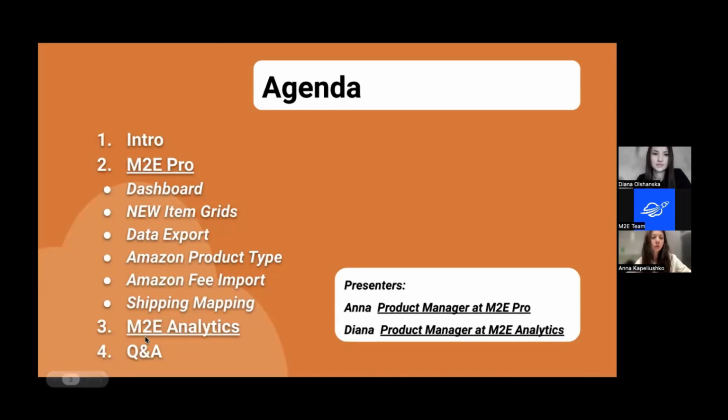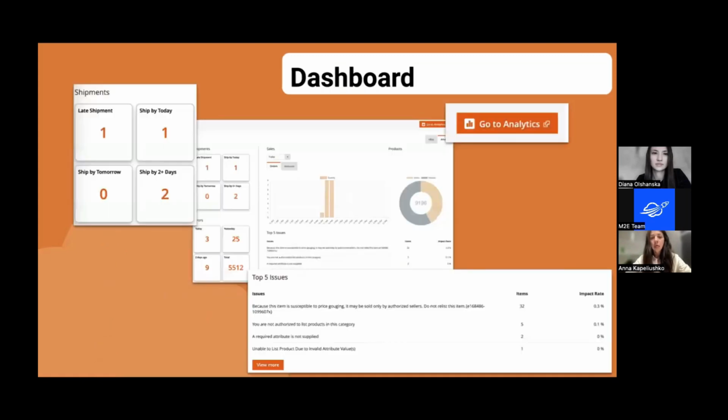All right, so I would like to start with the first feature in the list, which is the dashboard. If you haven't used it much until now, or the version does not support the feature, I truly recommend you upgrading because it's worth your attention.